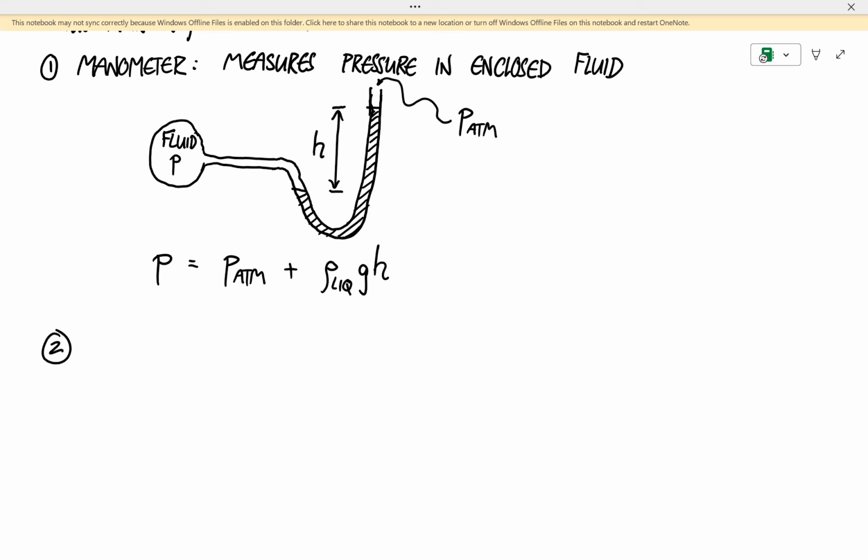And then the second way is a barometer, and this measures atmospheric pressure.